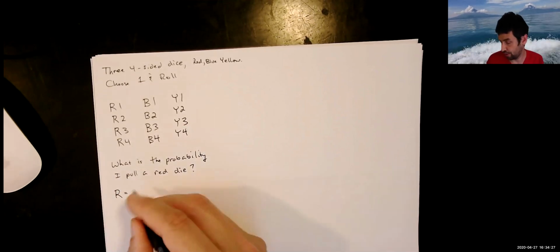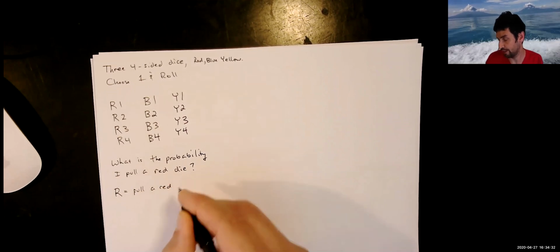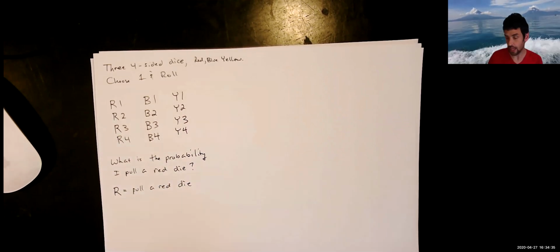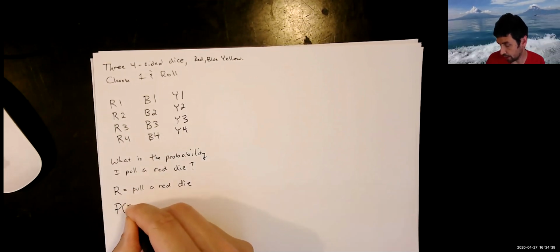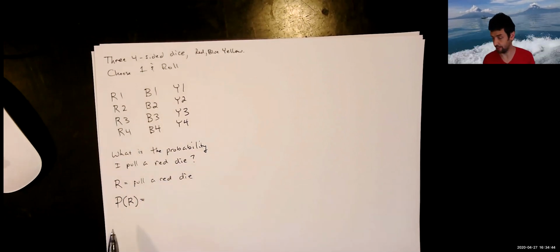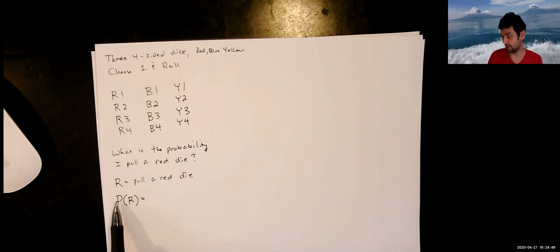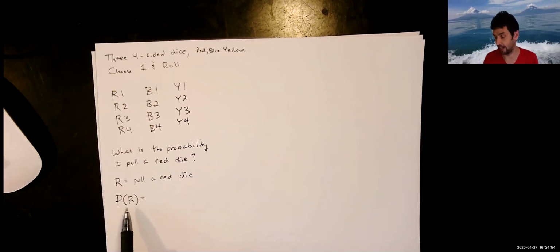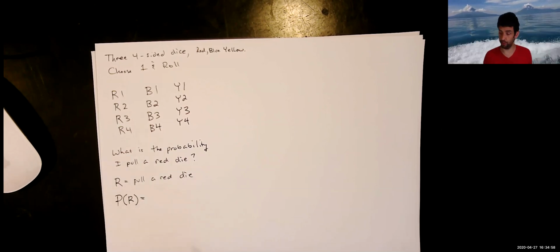So I'm going to name the event R: pull a red die. And I ask probability questions by writing P of that event. Okay, that was the notation I introduced. So this collection of symbols represents the sentence, the probability I pull a red die. And it is in fact a number. We just don't know what the number is yet, but that's what those symbols are.